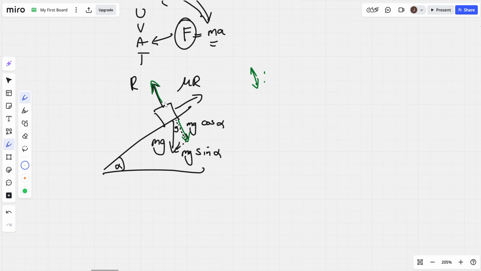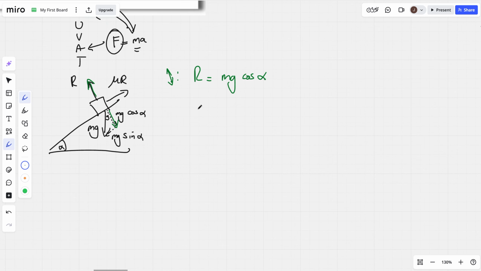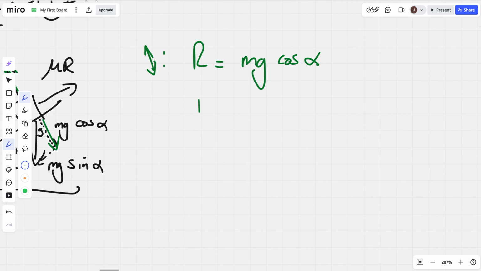Just because things are moving down the slope, just because it's not balanced in the parallel direction, doesn't mean anything about the perpendicular. The perpendicular is separate. So for the perpendicular, we're going to say R is equal to mg cos alpha. And you might remember that cos alpha was 4/5. So R is equal to 4/5 mg.